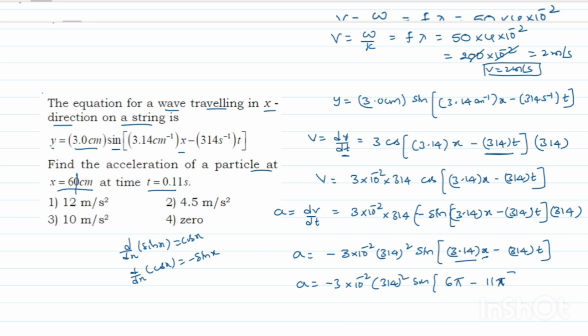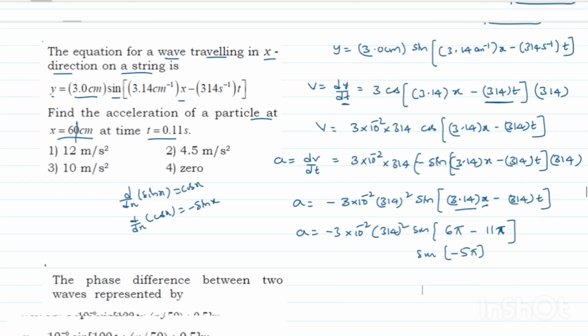So 6 pi minus 11 pi gives minus 5 pi, so we have sine of minus 5 pi. The value of sine 5 pi is 0, so the acceleration value will be 0 meter per second square. So 0 is the correct answer.